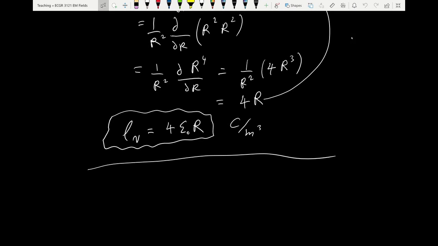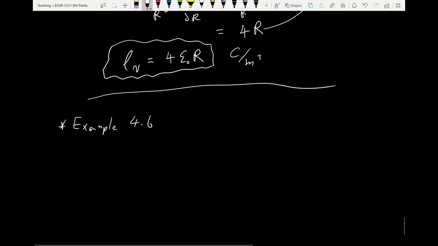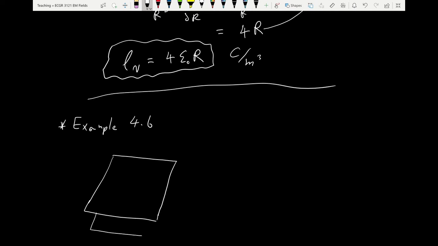Okay, so now I want to do example 4.6, which states that we have two very large plates of material, surfaces essentially.